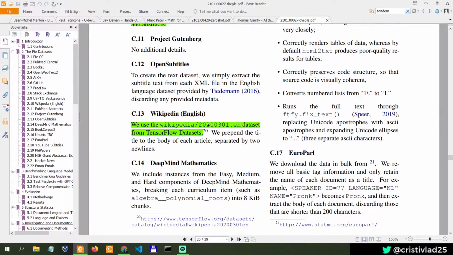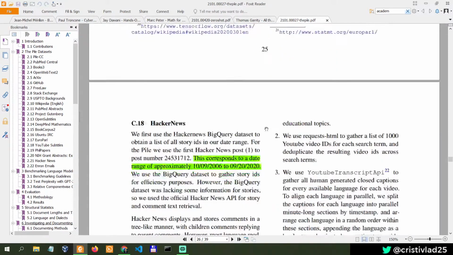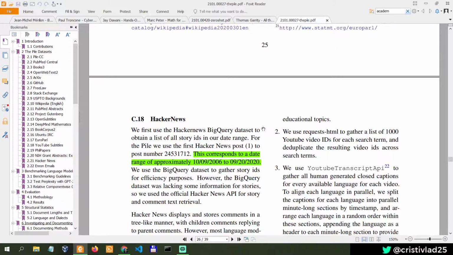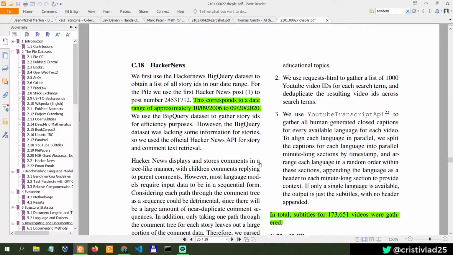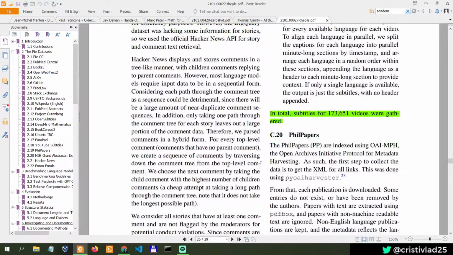And they use the 2020 version of Wikipedia, which is much more recent than the one that GPT-3 has been trained on. And when it comes to Hacker News, the most recent data they had in the Pile is of September, which is really good.